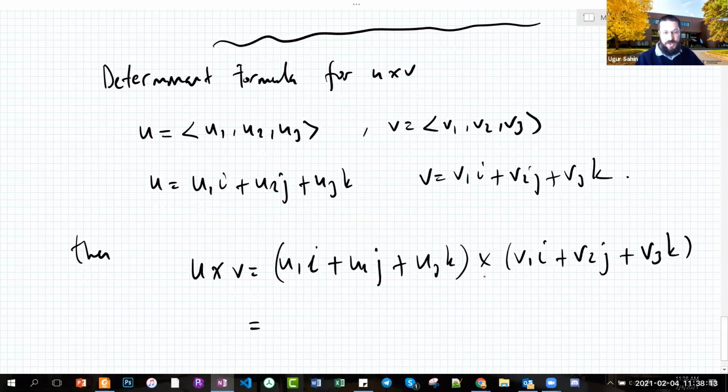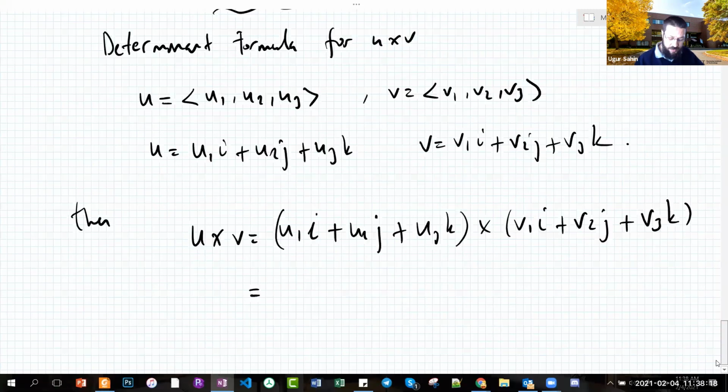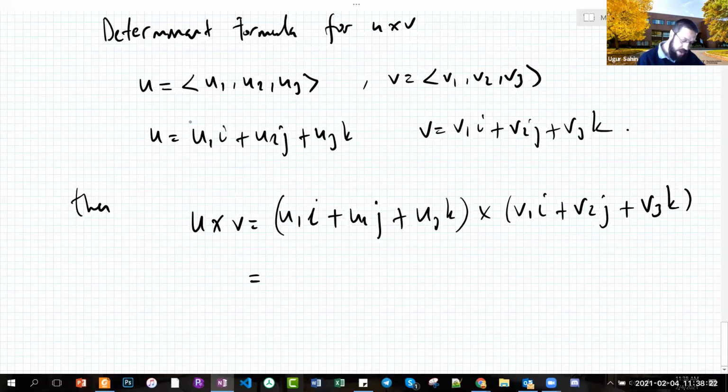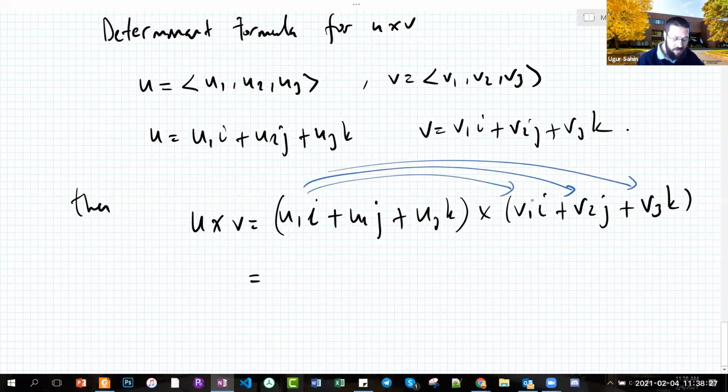In this manner, I'm just gonna use this cross product in the regular way. What do I mean by that? I'm gonna distribute each term. Let me do this calculation. Let's do it together.